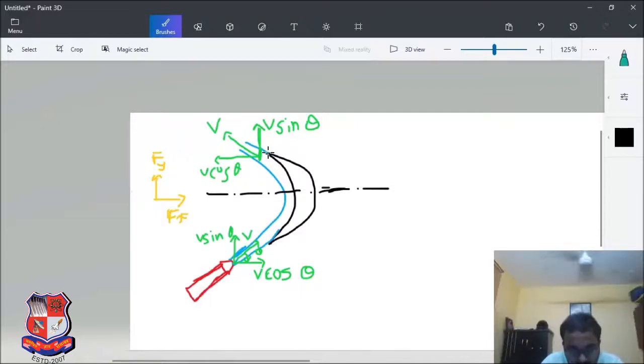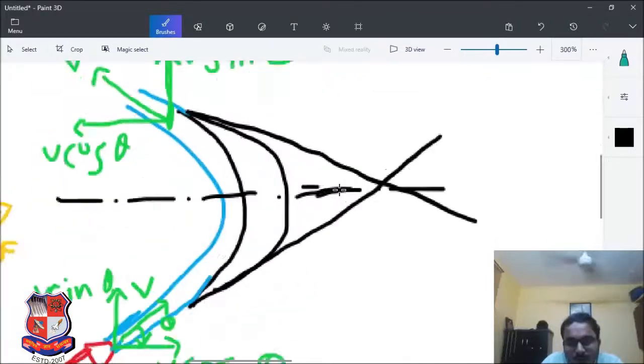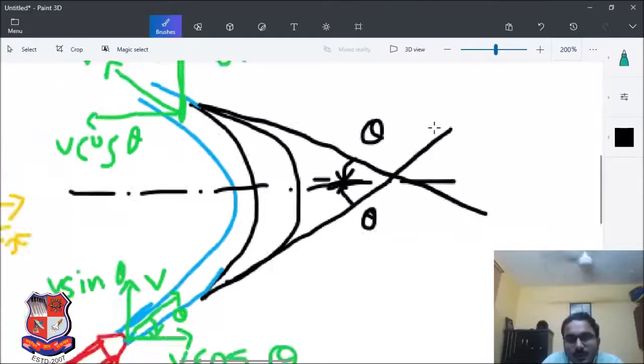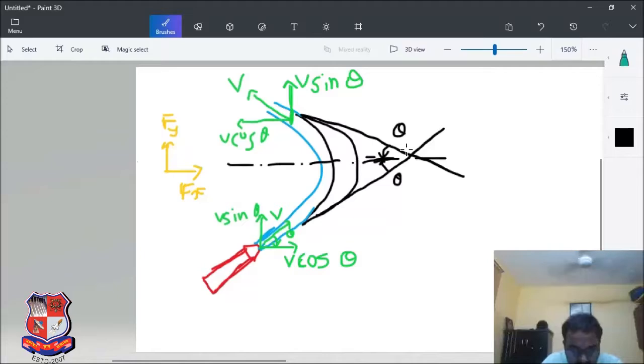If we draw tangents from here till here, then these two angles, this and this, both will be theta. Okay, that's why it is called symmetry.